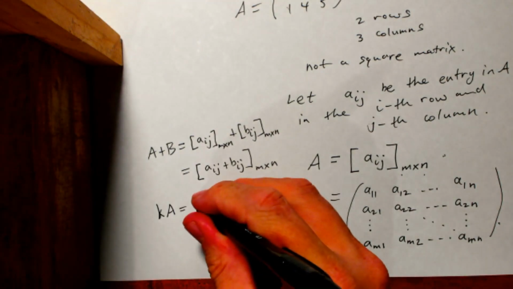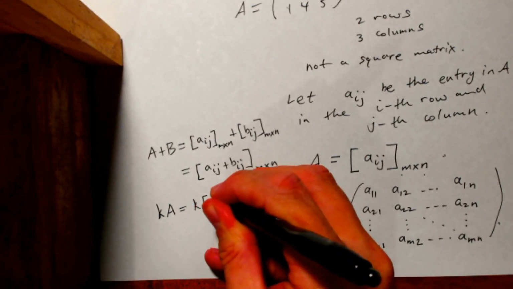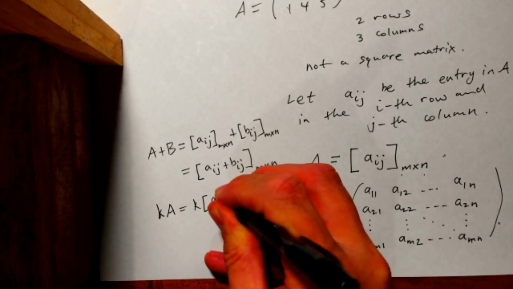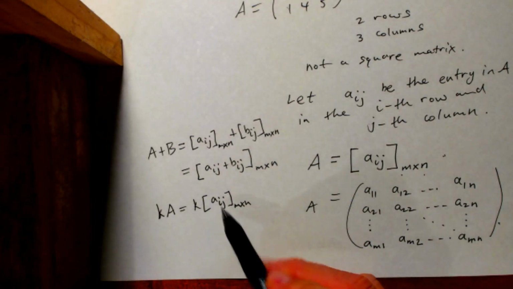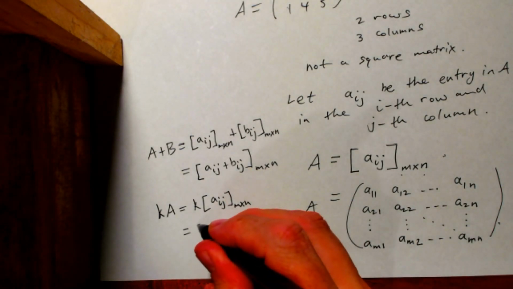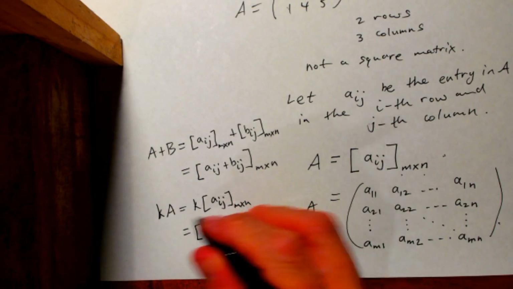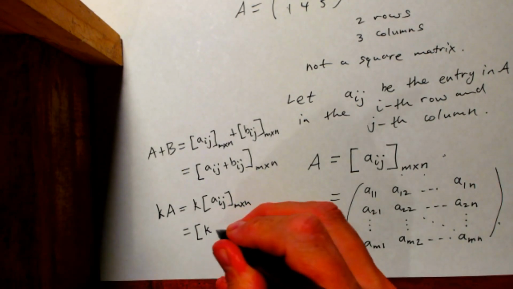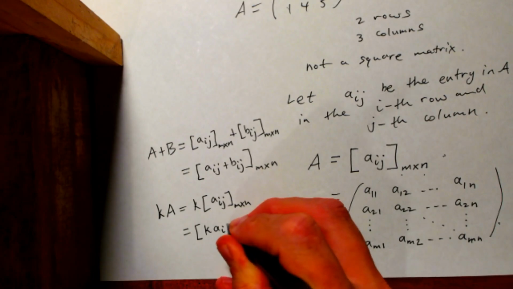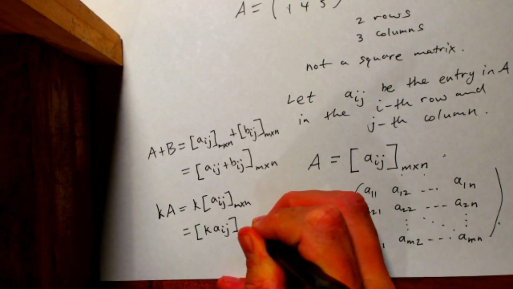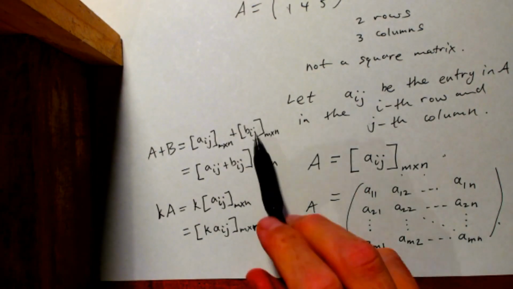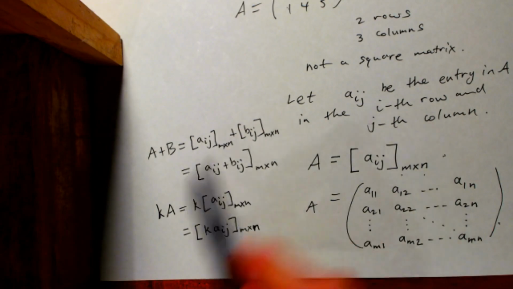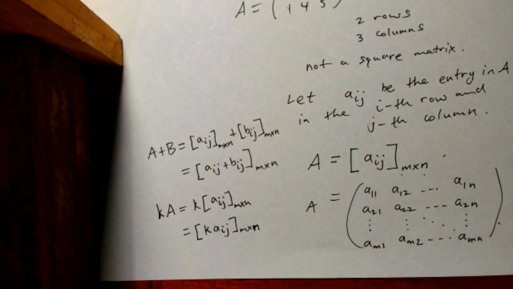So it's k times the matrix [A_ij], m by n, and you bring the k in, and you've got a characterization of every entry in the product as k times A_ij, and again it's an m by n matrix. So this just gives you a nice way to summarize what's going on inside.